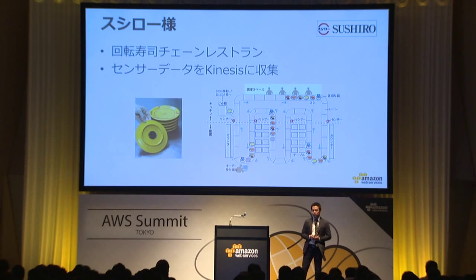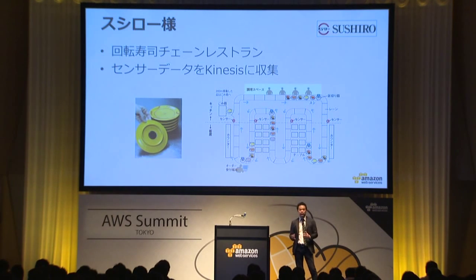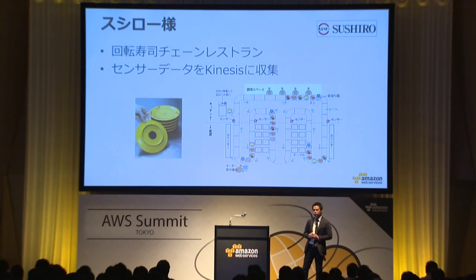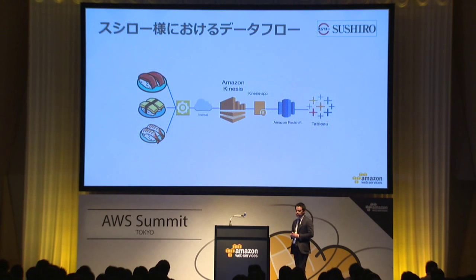A variety of information gets collected using Kinesis. Why Kinesis for data collection? It's because if you load the data in batch, the data can grow so significantly that it's so hard to send out, and it's really hard to retry if it fails. So what they want is real-time processing using Kinesis.